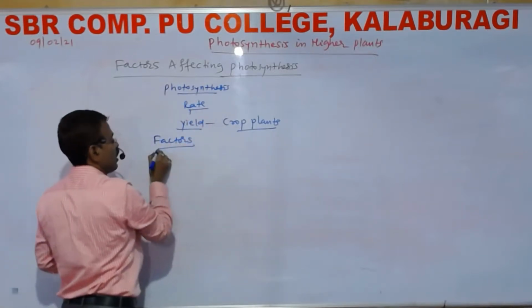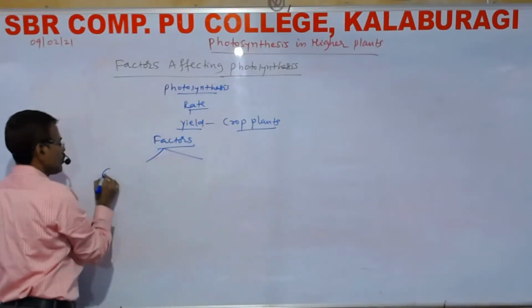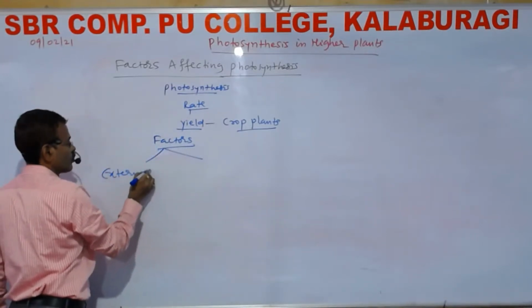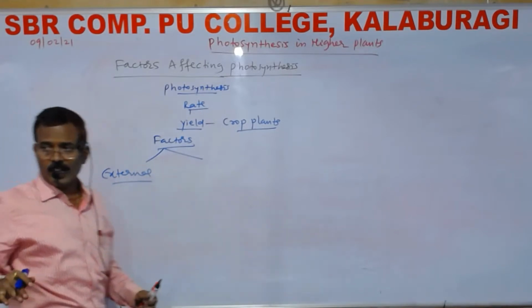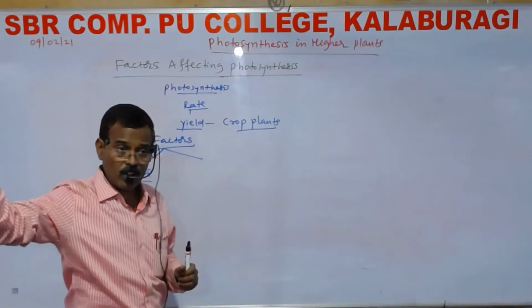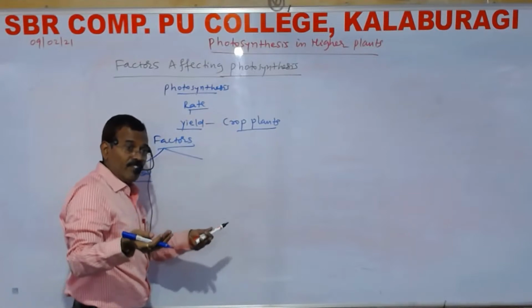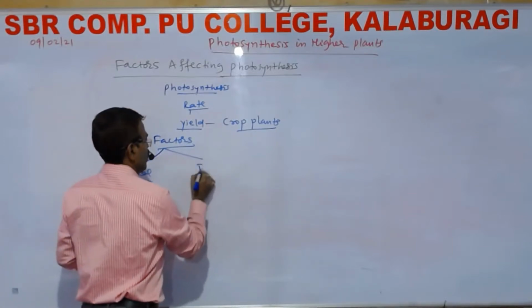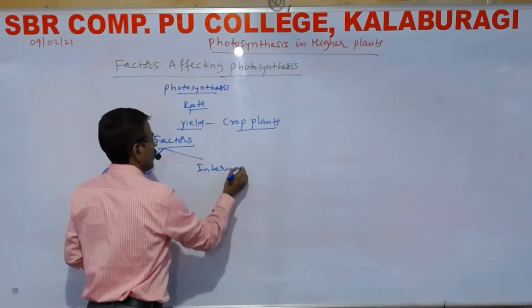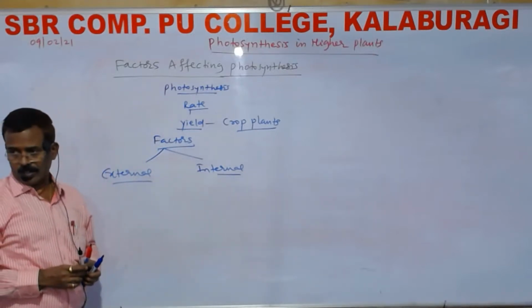These factors mainly we put into two types. One, external factors. The factors which are there in the surrounding of plant, that is external factor. The factors which are there within the plant, internal factors. One is external factor and another one internal factor.